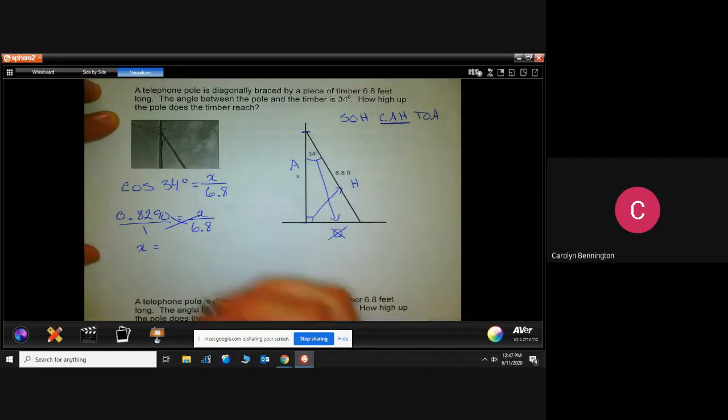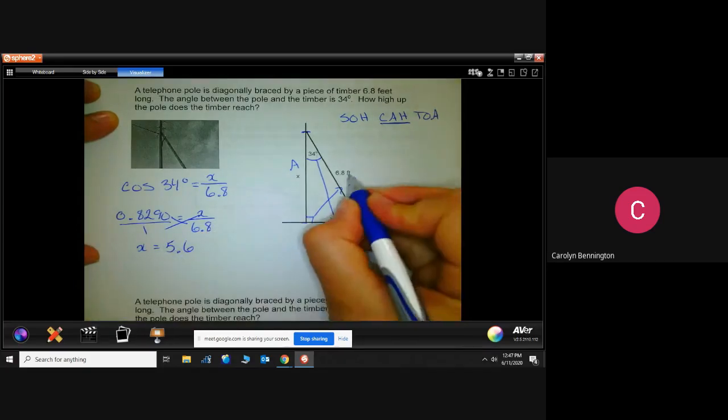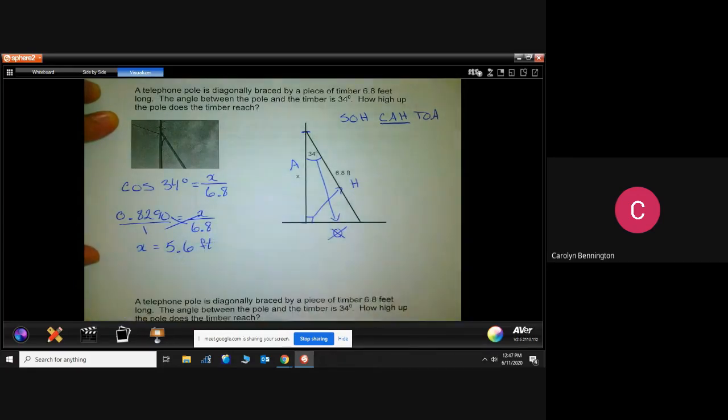And when we do that, we will get an answer of 5.6, and this time we're using feet. So 5.6 feet is the distance from the bottom of the telephone pole to where the brace piece of wood meets it.